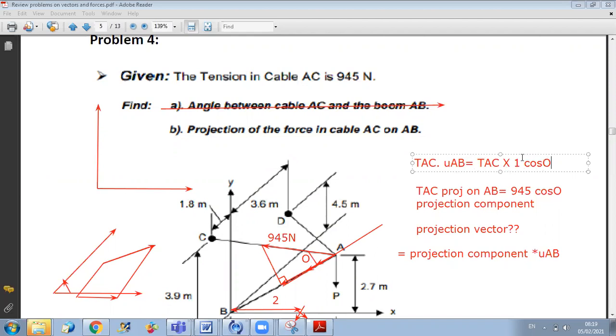If I don't know theta, I should find the components of T_AC and the components of the unit vector of AB, and multiply each term by the other. So it's the usual method. Actually, we found the T_AC vector, the AC vector and the AB vector to be able to do the dot product. So here you can see the solution.